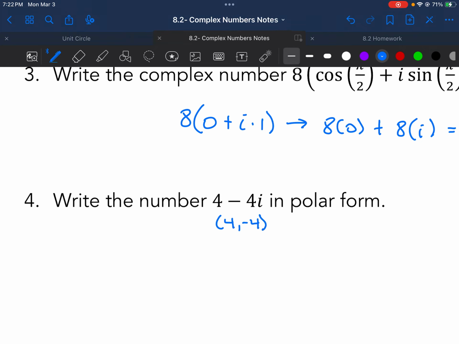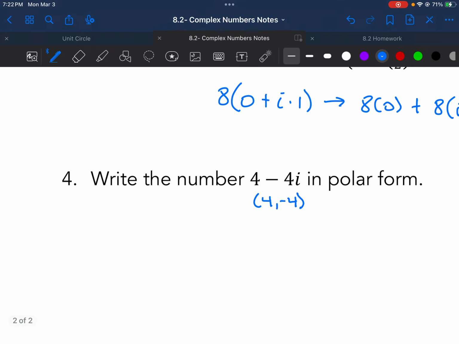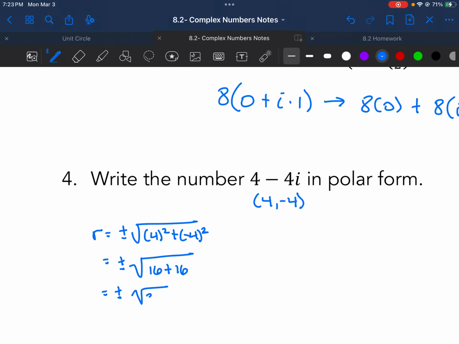So in polar form, our r is plus or minus the square root of 4 squared plus negative 4 squared. This is going to be plus or minus the square root of 16 plus 16, which is 32. Square root of 32, since 32 is 16 times 2, that'd be 4 root 2 if we simplified it.